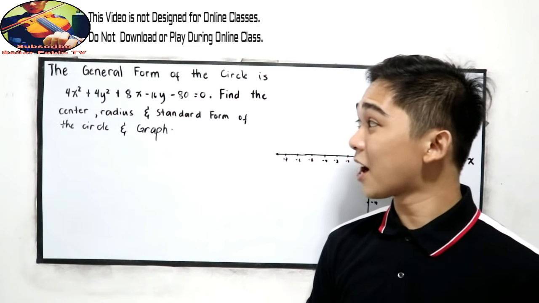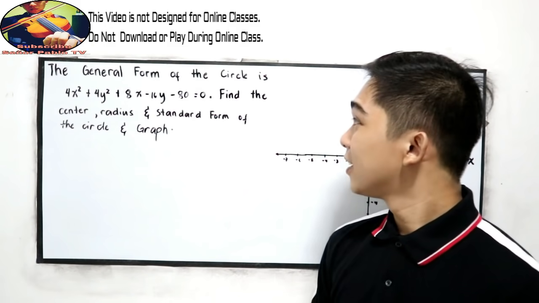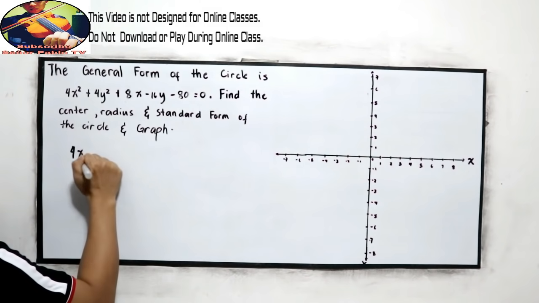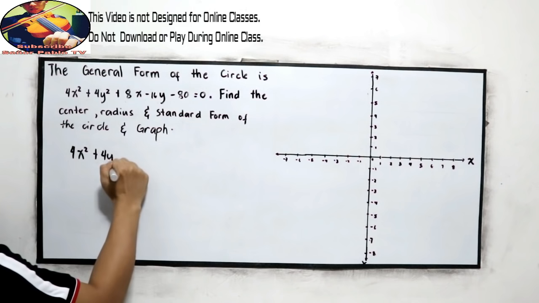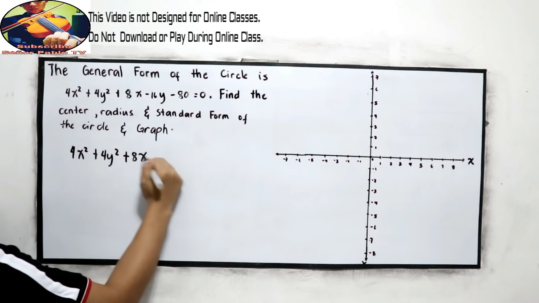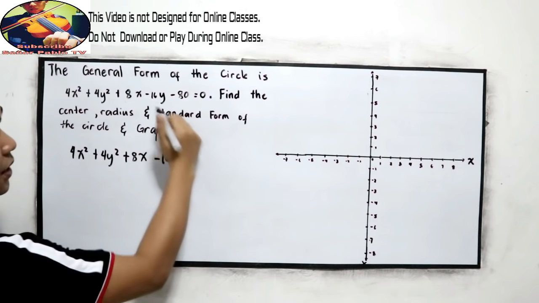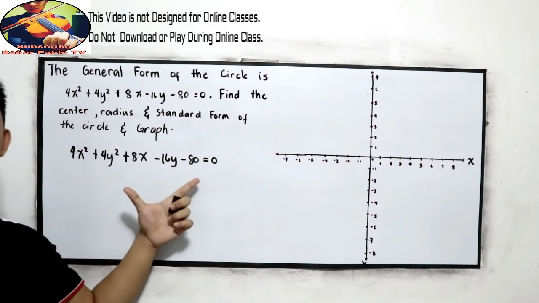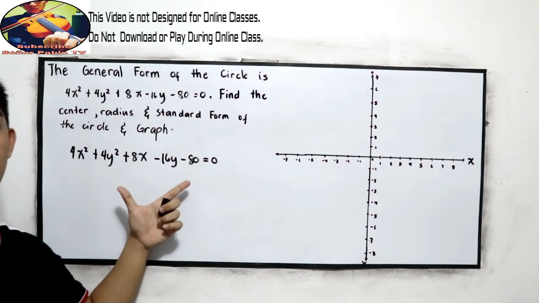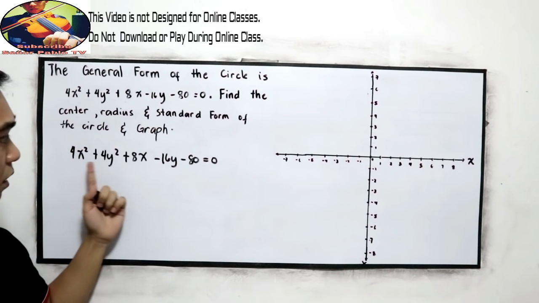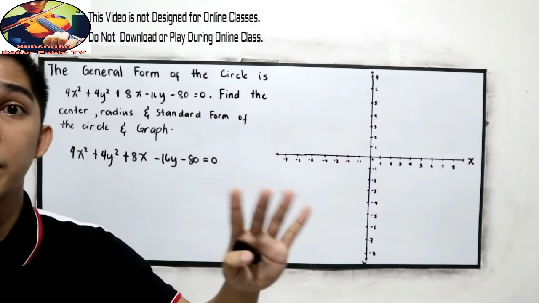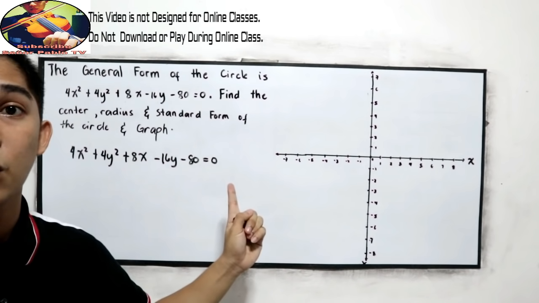Let us find first our standard form. So copy the given. The given is 4x squared plus 4y squared plus 8x minus 16y minus 80 is equal to 0. Analyze our given. The equation is divisible by 4, so we can reduce our given equation.